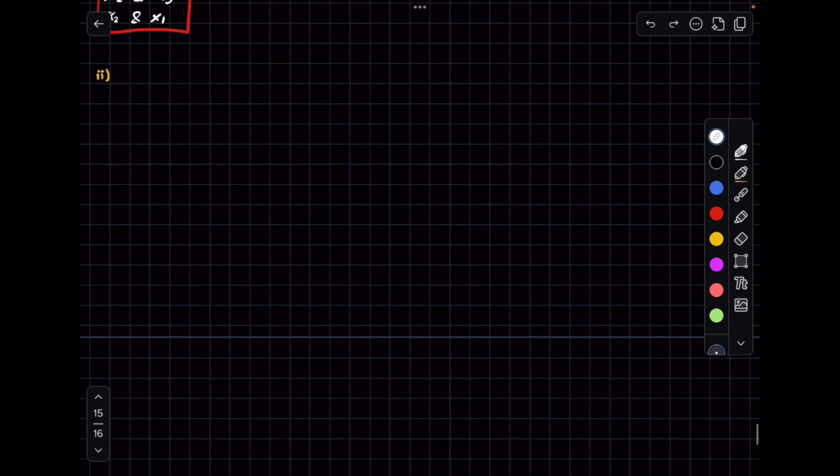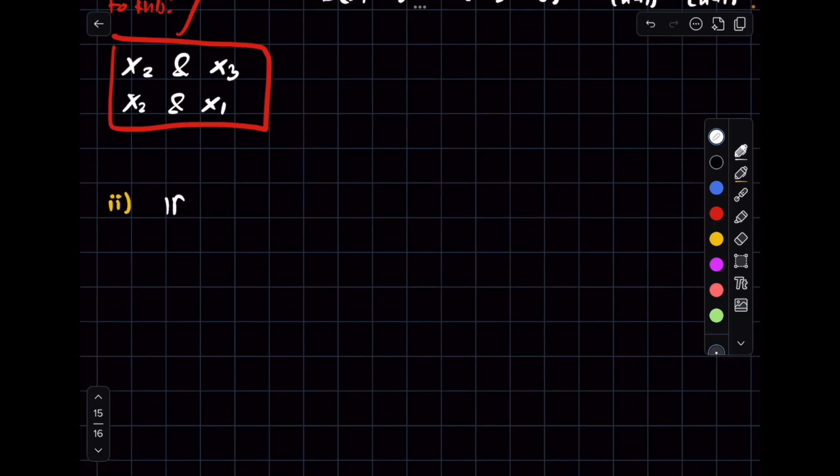So it's pretty easy, actually. We can do this by counterexample. Let's say x1 is this, x2 is 0, and x3 is 1. So in this case, what's the probability? Well, simply put, it's quite easy.